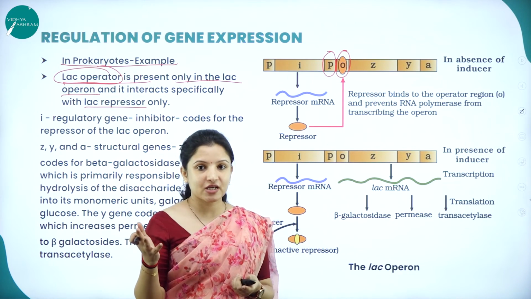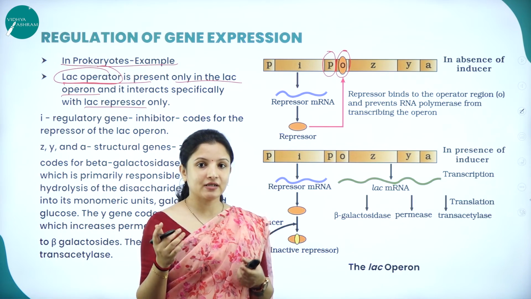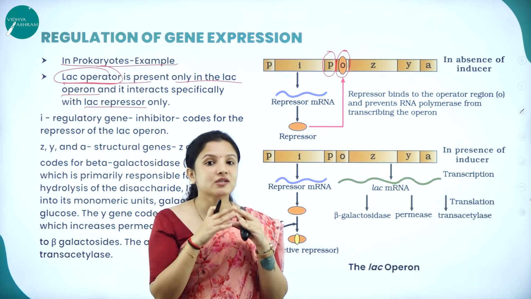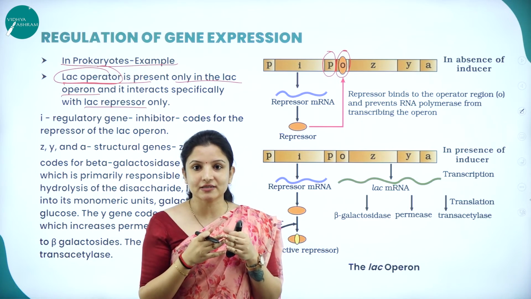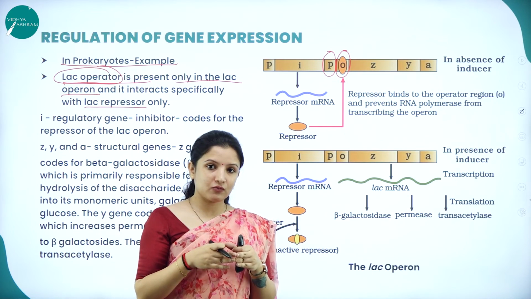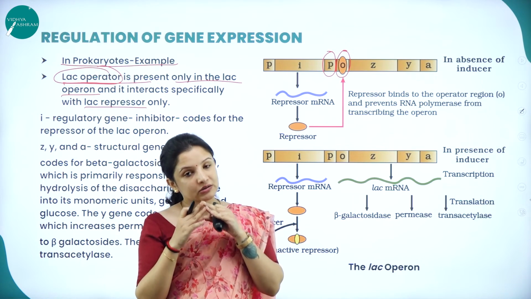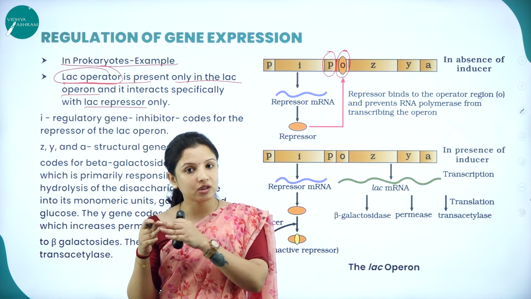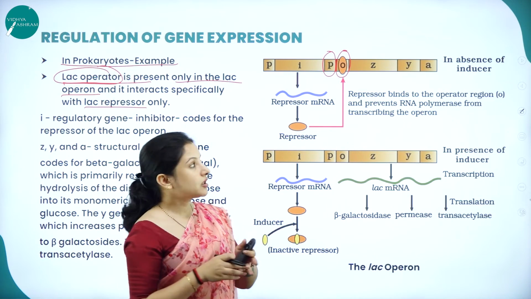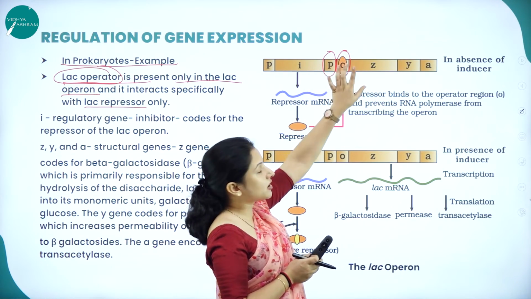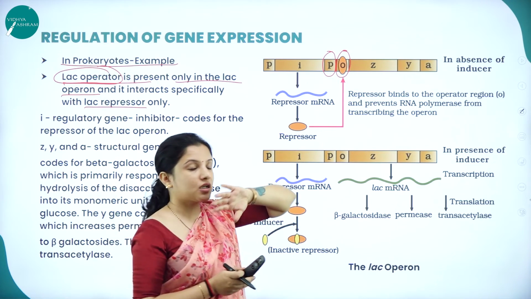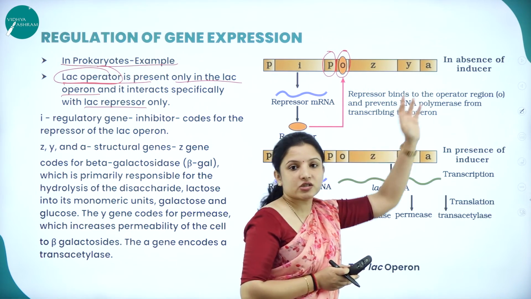Remember, in the previous session, we had studied the transcription unit. What was there in the transcription unit? The promoter region was there. We studied the structural genes. Then we studied the terminator region, right? But here, after the promoter region, there is one region which is called the operator region, and then the structural genes are present.